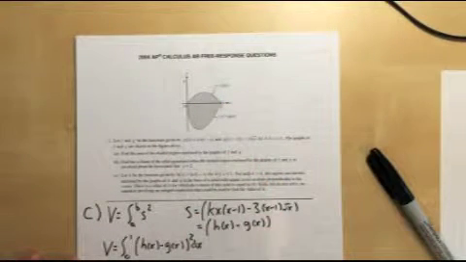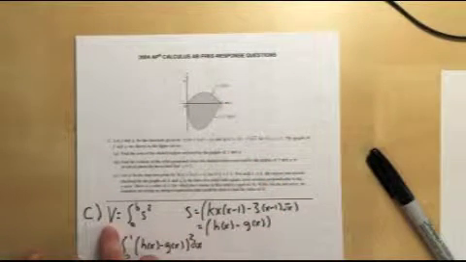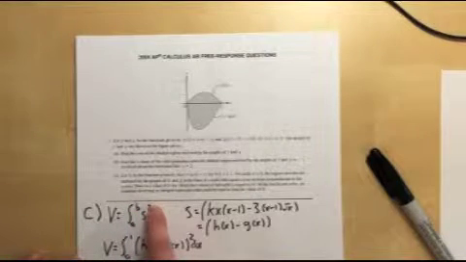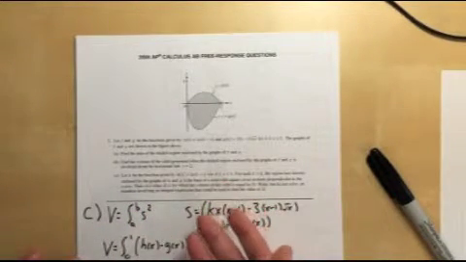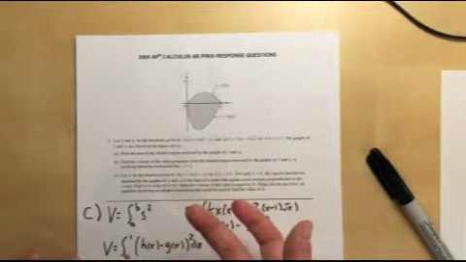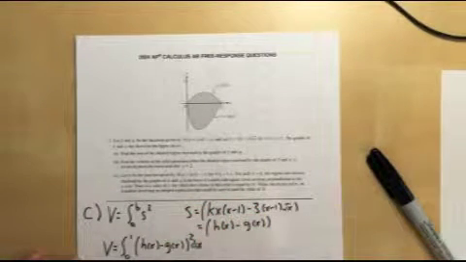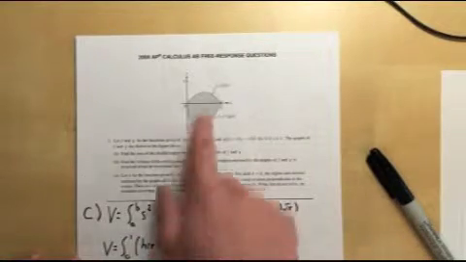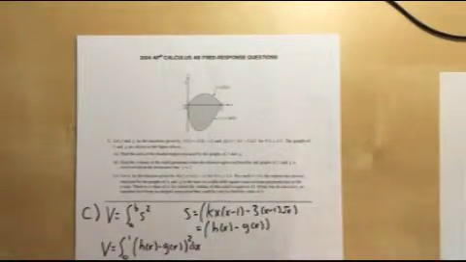So let's start by looking at the volume integral, which is V equals the integral from a to b of s squared for the cross-sectional volume when you're using squares as the shape. So we need to find the side of the square, which would be this value right here.